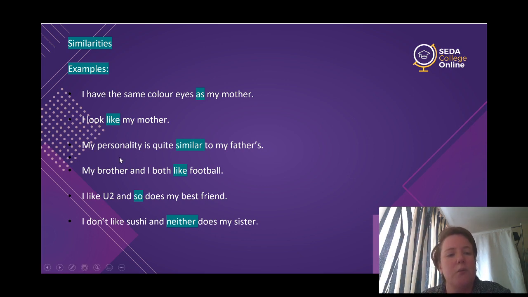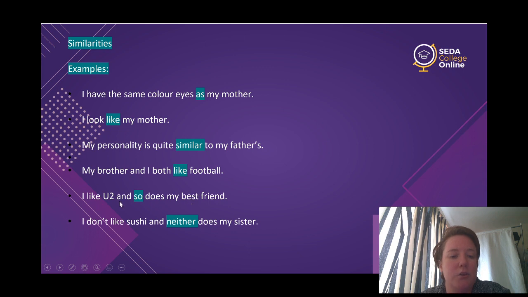The next one, when we're talking about personality, I would say my personality is quite similar to my father's, okay? My brother and I both like football. Okay, so when I'm talking about the two of us, we both like football.